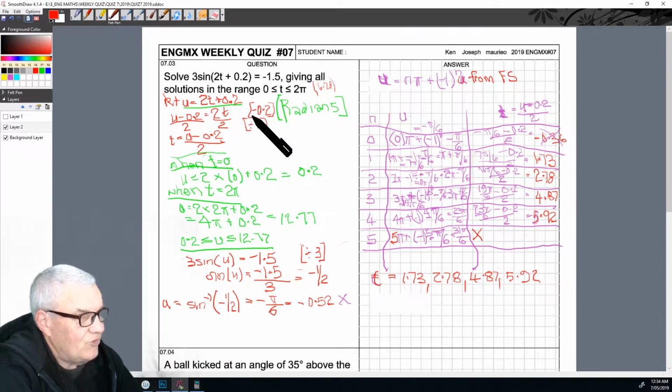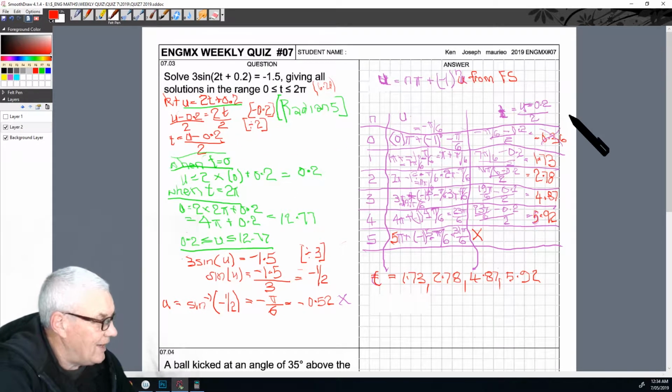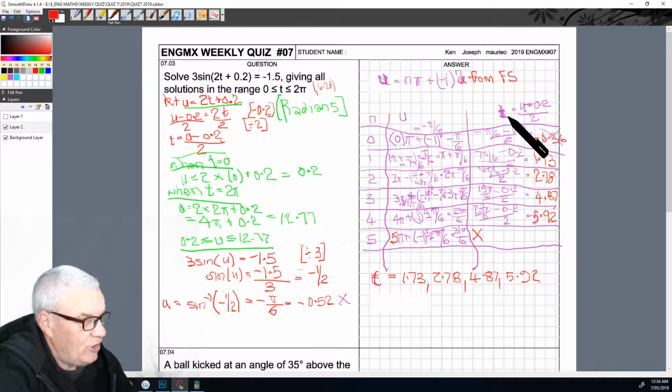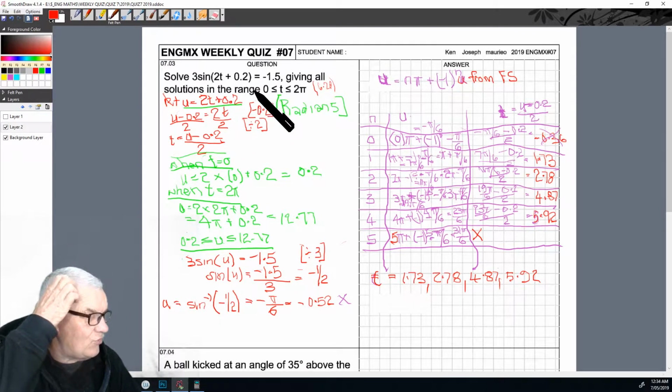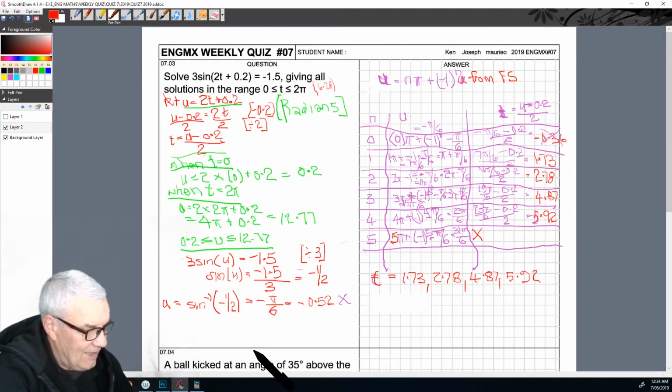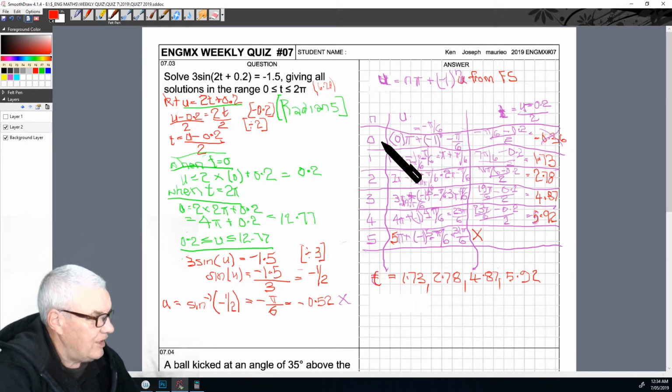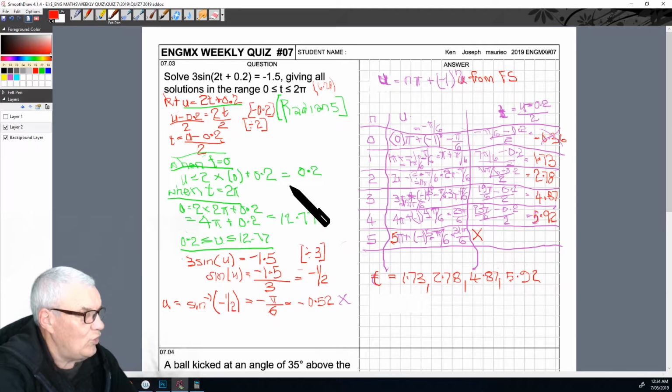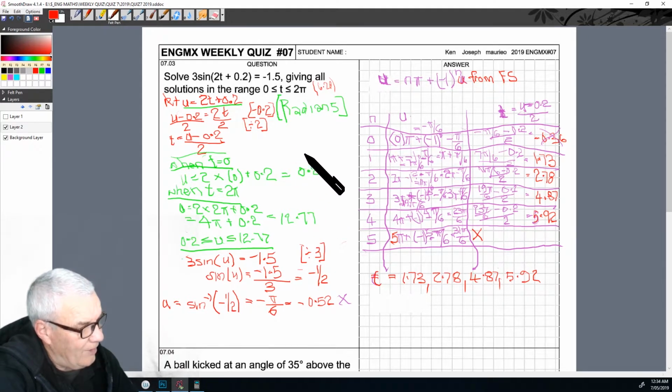So, yes, we substitute for u, and we also work back over here for t in terms of u. Then we work out the range for u, since we've got the range for t given to us. Then we solve for u, and we get the various solutions because it's a periodic graph.